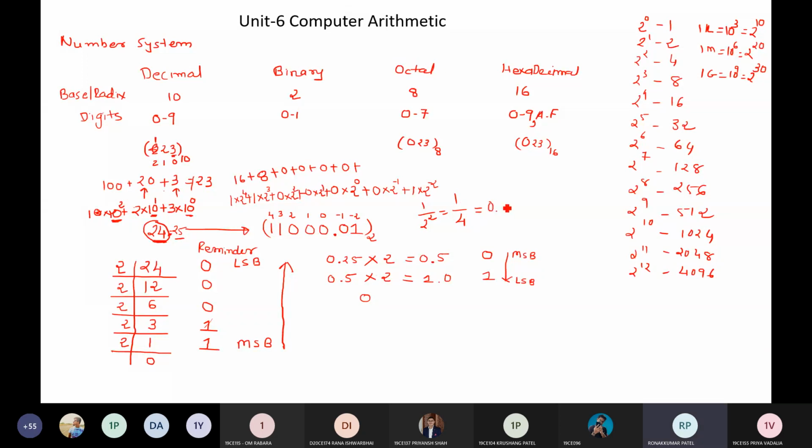If you divide it, it's 0.25. So plus 0.25 for the fraction. Now sum this. 16 plus 8 is 24, plus 0 adds nothing, plus 0.25, that will be 24.25. Did you get the decimal value? Yes. So we converted that decimal value into binary, and from binary converted it back to decimal.